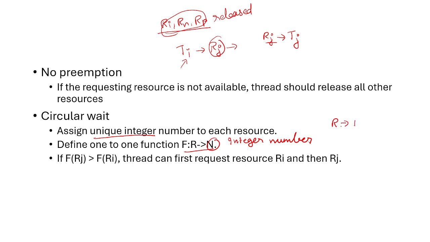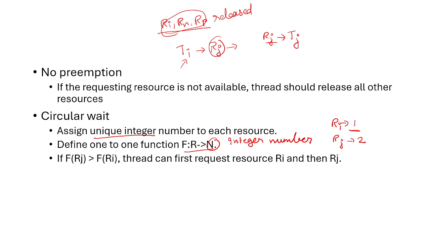For example, if Ri is assigned 1 and Rj is assigned 2, and Rj is greater than Ri, the thread can first request the resource Ri. You may consider the numbers to be the number of instances available for a particular resource. For example, Ri has only one instance and Rj has two instances.